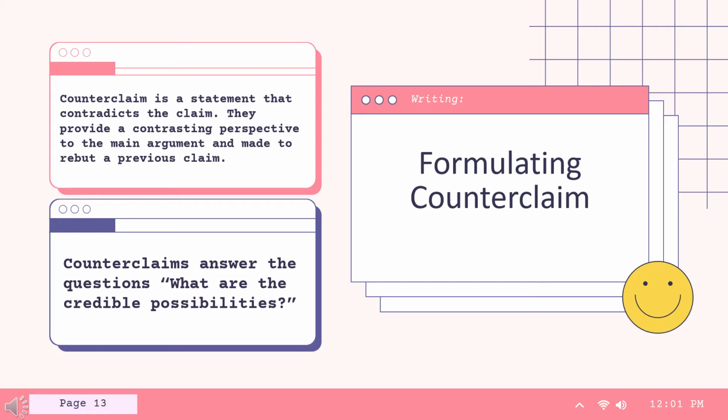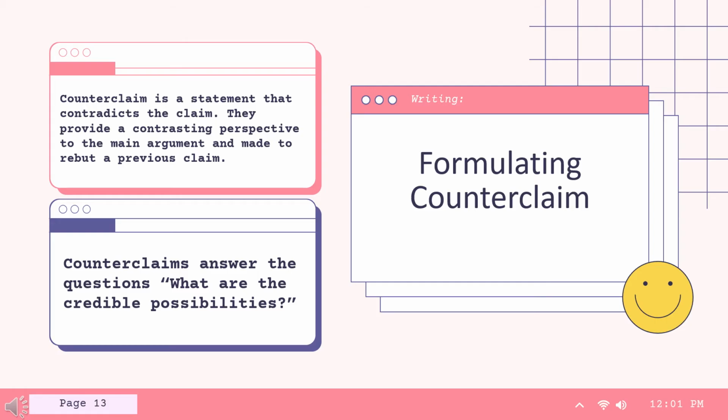You are blocking someone's idea because you already have a certain belief that this one is better than the other ideas out there. So you're trying to give a counterattack so that you will definitely win the argument. That's a counterclaim. And it answers the question, what are the other credible possibilities?